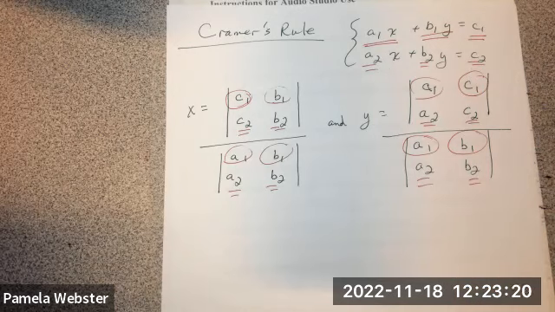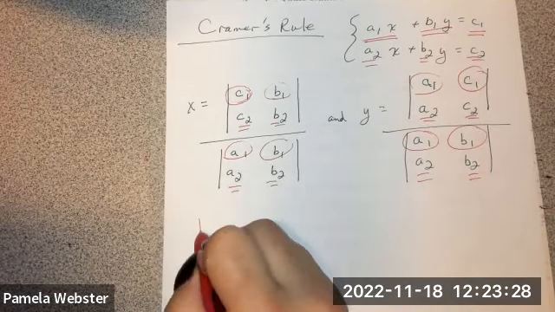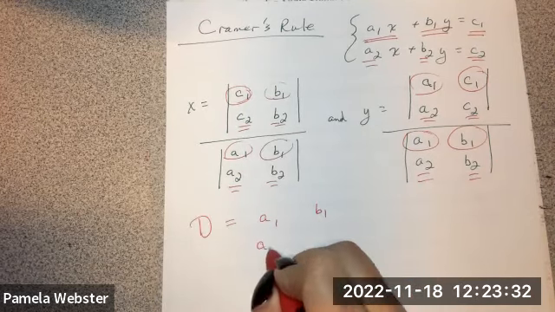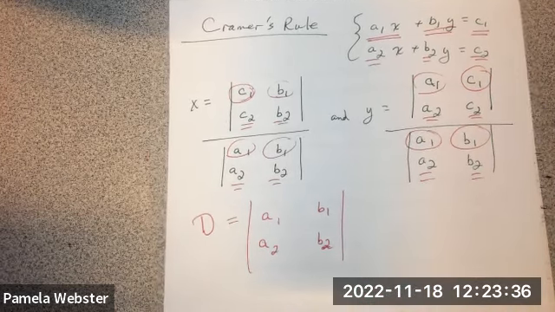So what this says is we are going to have the D guy, which is my determinant. So it's just what we've seen before, A1, A2, B1, B2. So D equals A1, B1, A2, B2. Okay, that is just exactly what we did before.